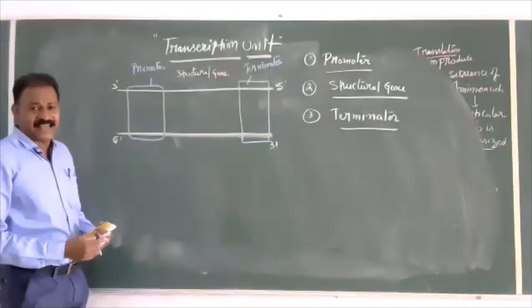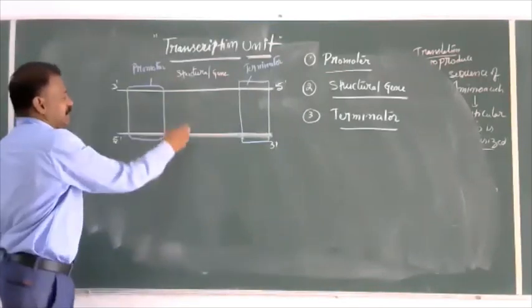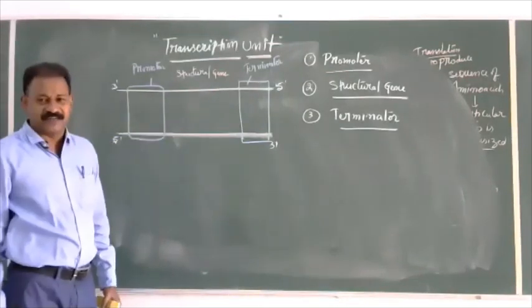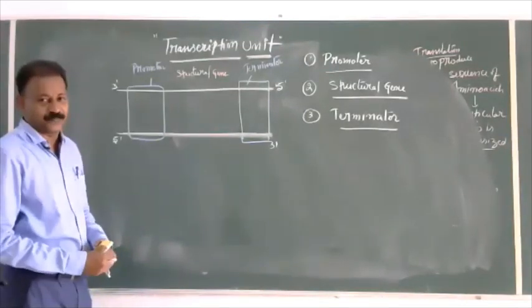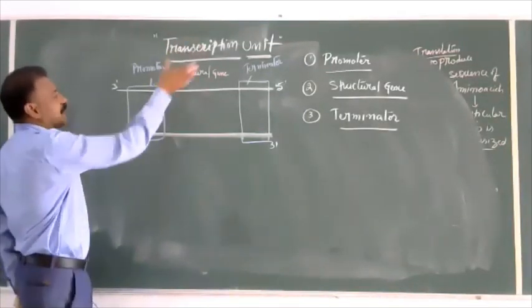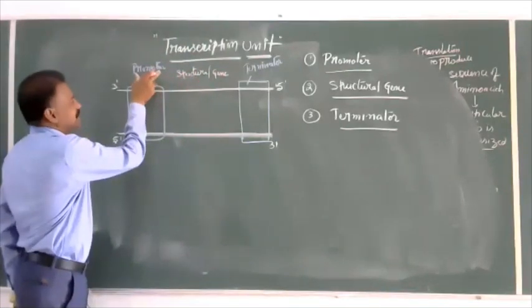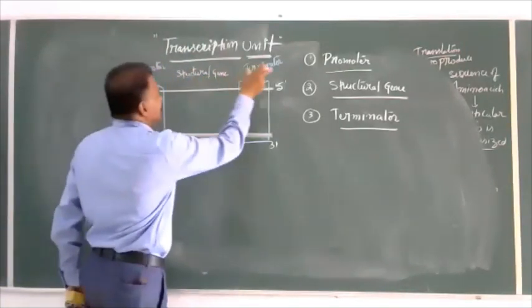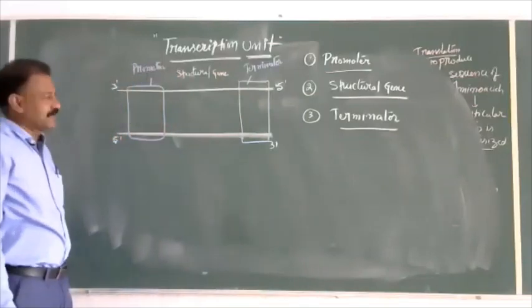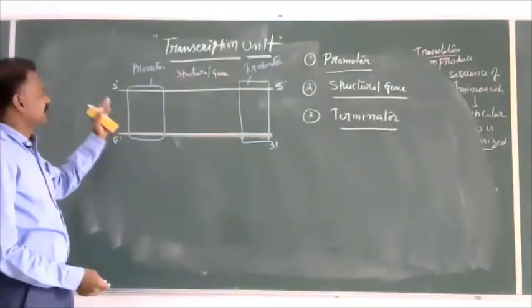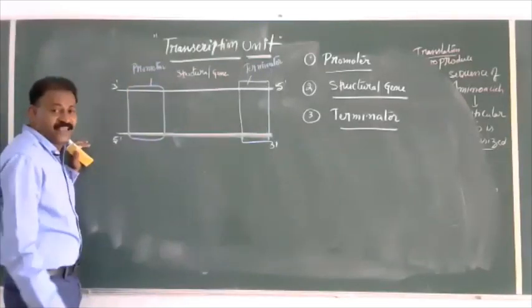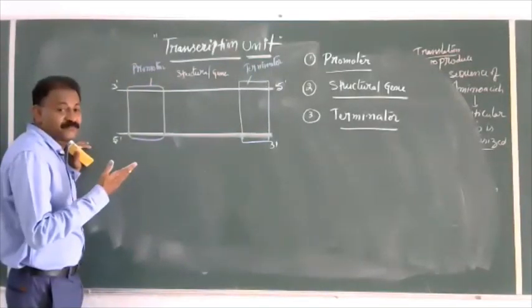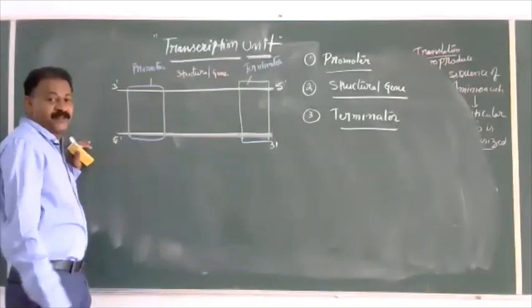So, in the diagram, we are able to see a segment of DNA molecule showing transcription unit. A transcription unit is made up of three structures: promoter, structural gene, and terminator. Now here, let us see what is this promoter. Promoter is the region where the process of transcription starts. How?